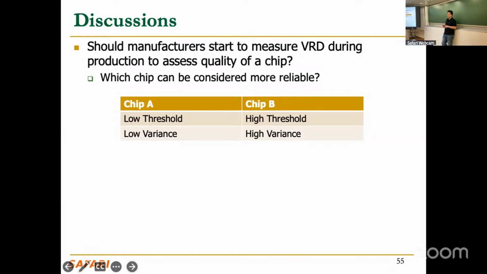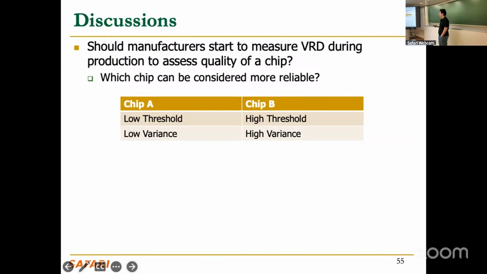Well, I feel that the variance definitely helps more, because low variance helps with the current assumptions. All the current mitigation strategies, like I said, assume that these threshold values are the same. So in the case of low variance, the current mitigation strategies may work better.